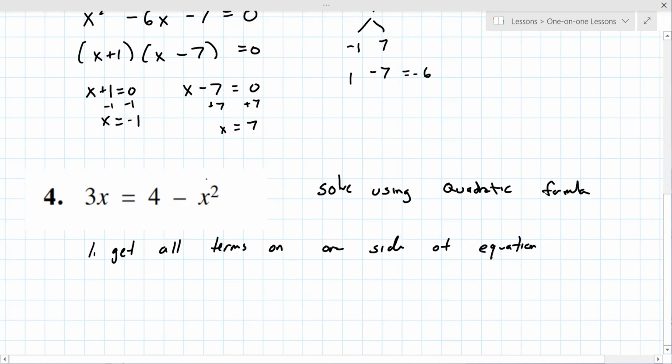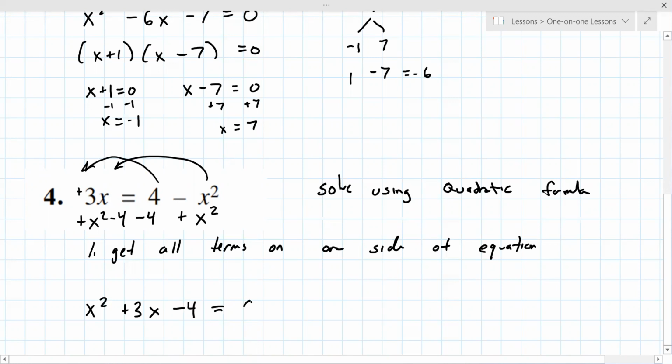It's best to move it left because you want positive x squared. You always want positive x squared if you can. Subtract 4, subtract 4. So on the left side, it's really x squared plus 3x minus 4 equals 0.